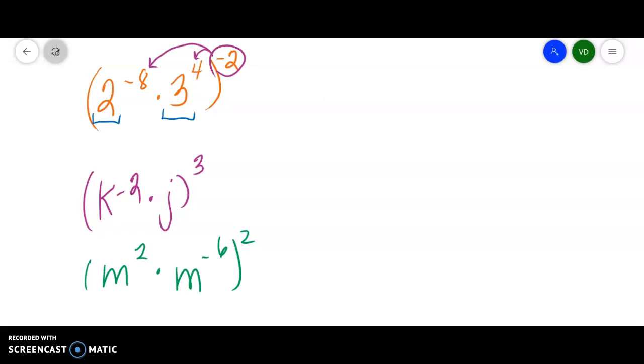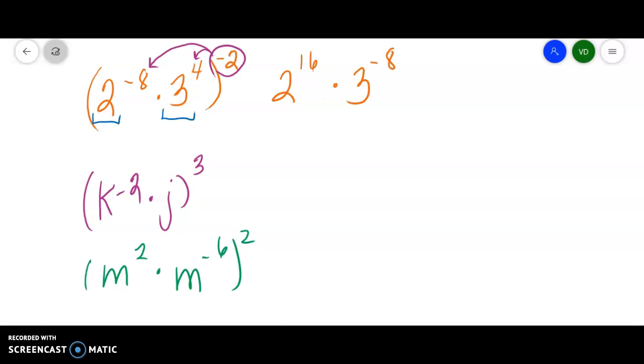So now it's going to become 2 to the -8 times -2, which is a positive 16, times 3 to the -8 power.